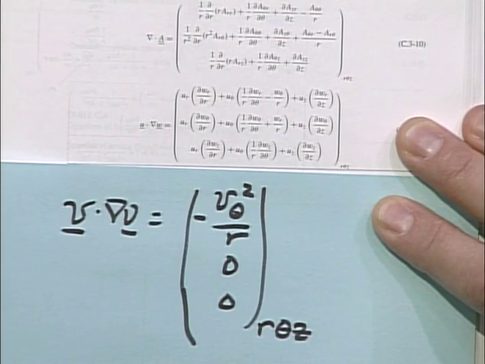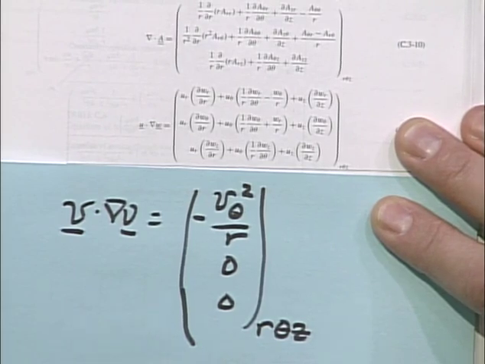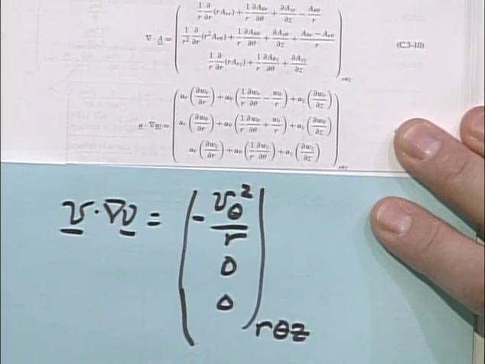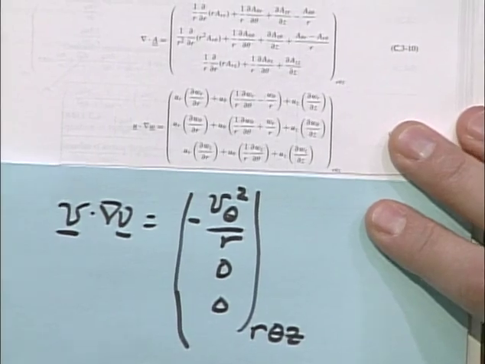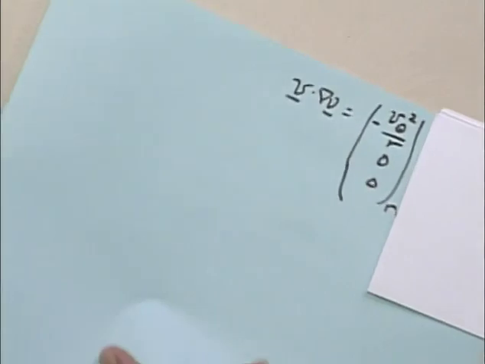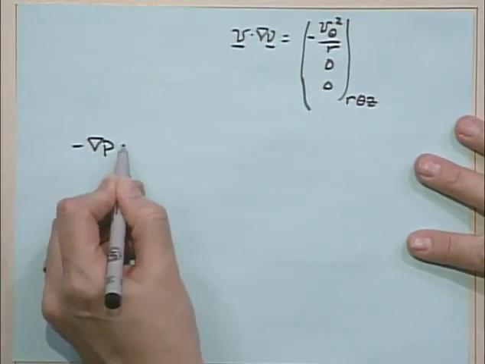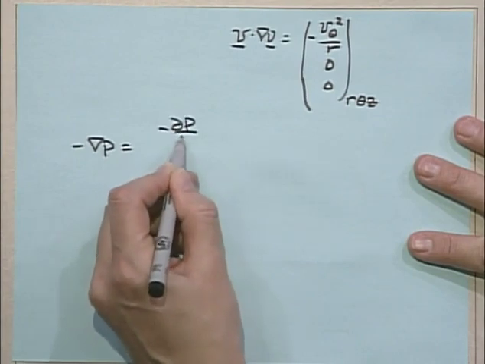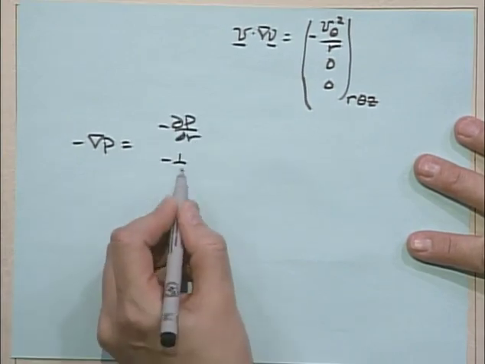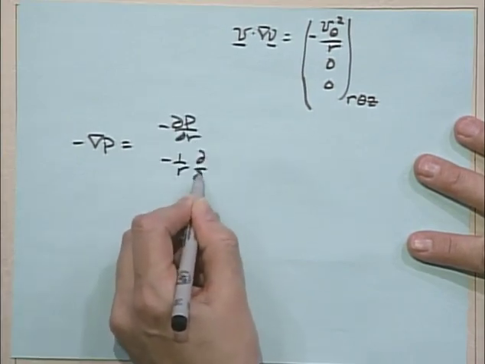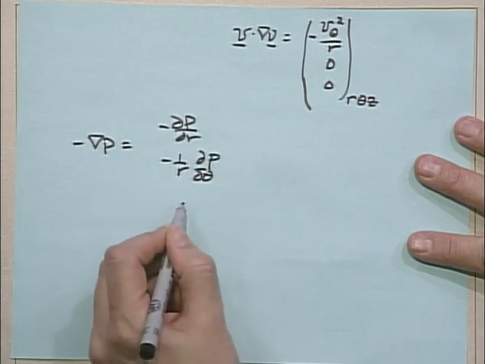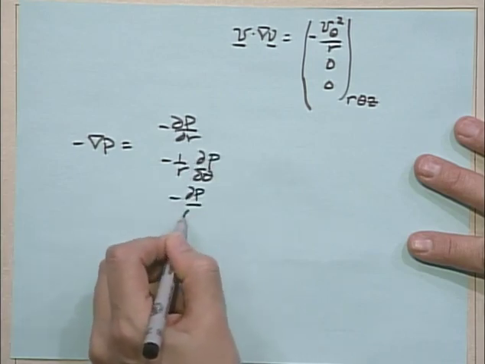Now we go to the second term, which is the pressure. We know how to do pressure. That's very simple. Minus grad p is minus dp dr, minus 1 over r d by d theta of p, and minus dp dz.